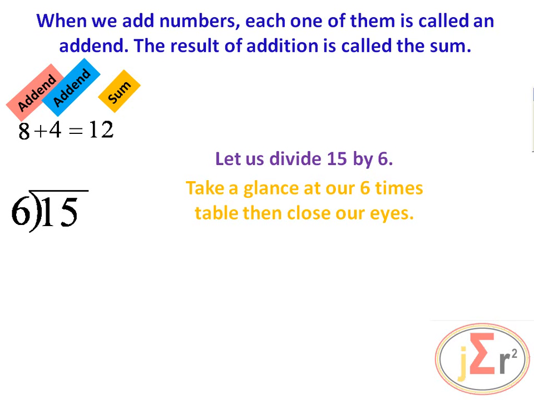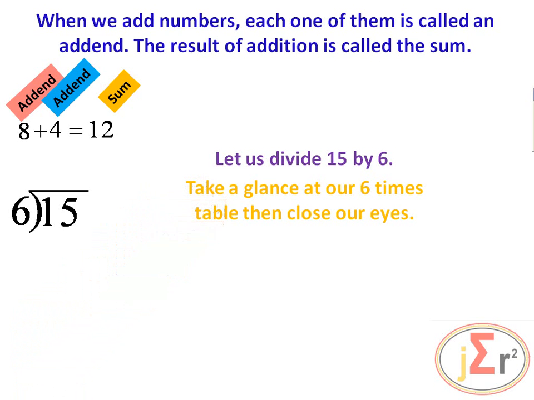But can 6 go into 15 3 times? No. Why? Because 6 3s are 18, and 15 is smaller than 18. So 6 will not be able to go into 15 all of 3 times. So 6 into 15 will give us a result of 2.